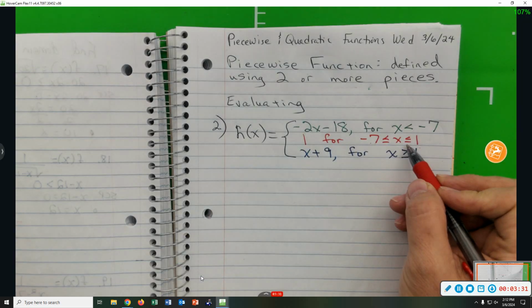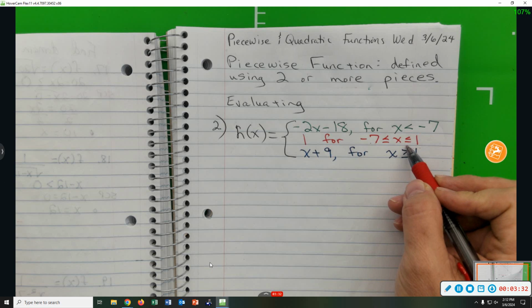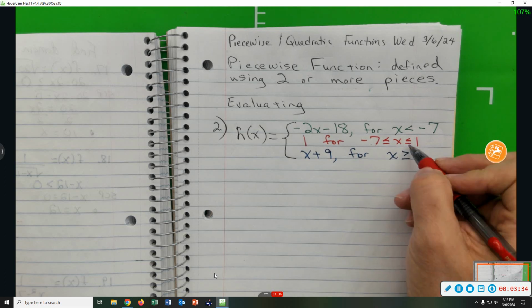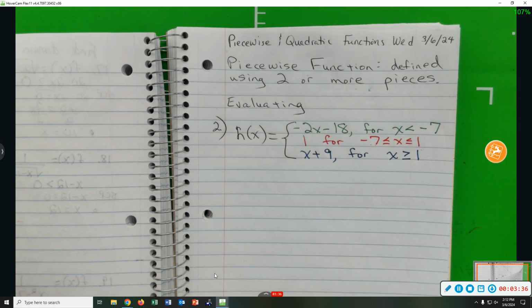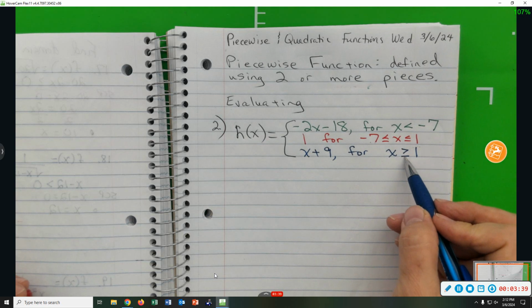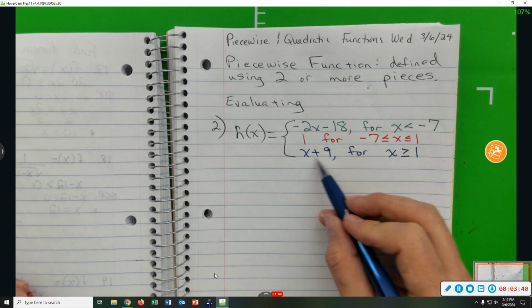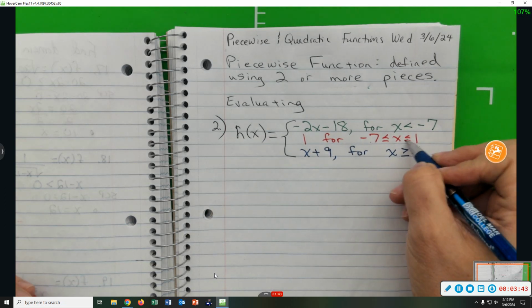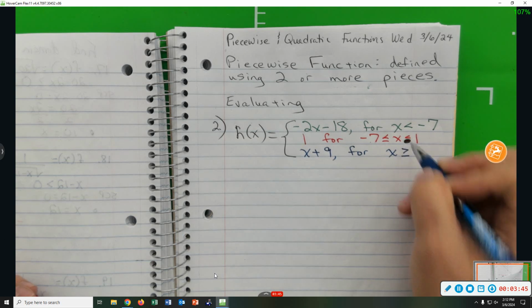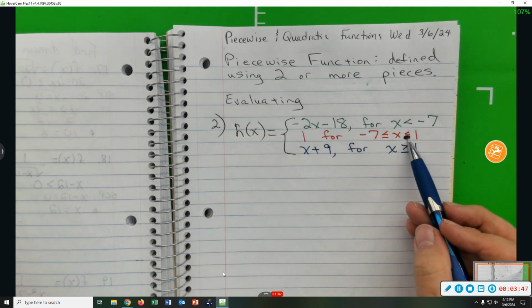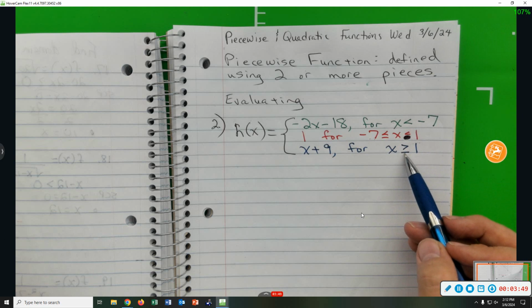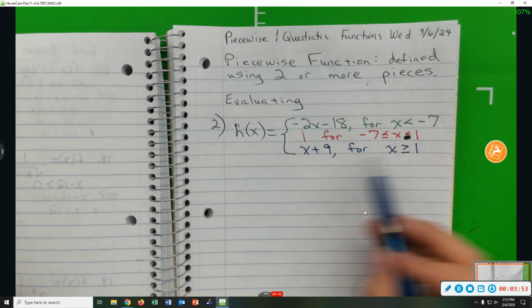You see where I put less than or equal to right there? There is no equal to possibility. The equal to possibility for 1 is down here on the blue piece. So let's scratch that out. Is that clear what I've done? I've scratched out that equal to. The only equal to possibility for 1 is the third piece.